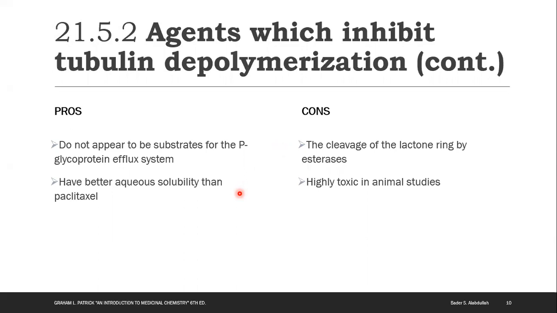Also, they have better aqueous solubility than paclitaxel, which means that you can make better formulations, okay, maybe oral formulation. But the cons for the epothilones are that the cleavage of the lactone ring by esterases, and it has been found that they are highly toxic in animals.